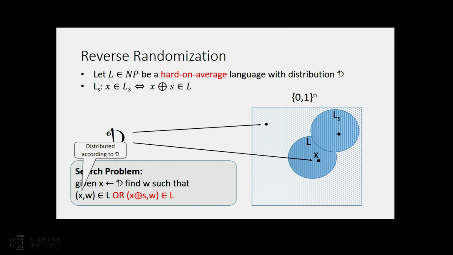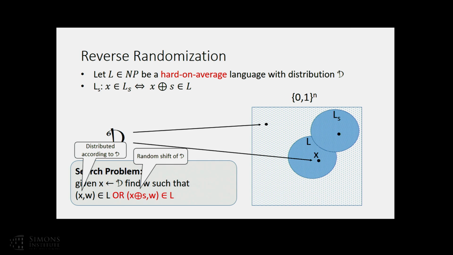It's not a uniform distribution over X. D really knows where the hard instances are, in the language and outside of the language, and that's where it puts most of the weight. But here you have a random shift of D, and then you shift it to some other place. Maybe this is the easy instances, and it's very easy to find the solution. So this is not a hard problem. It might not be a hard problem, depending on D and L.